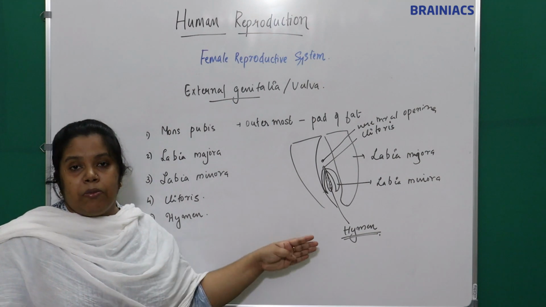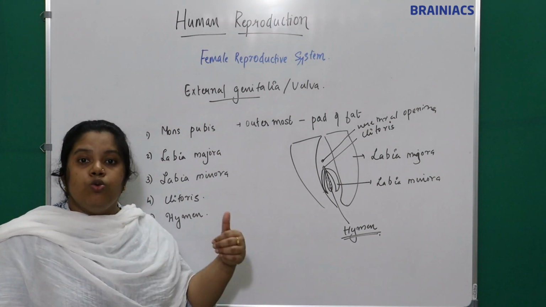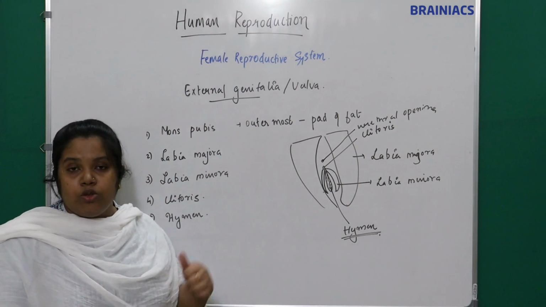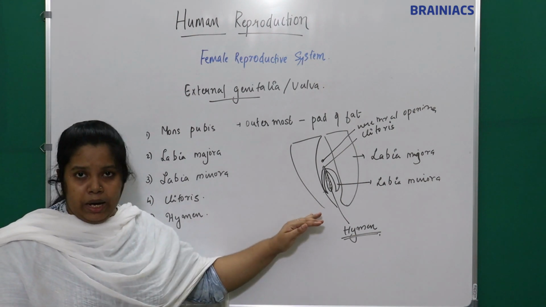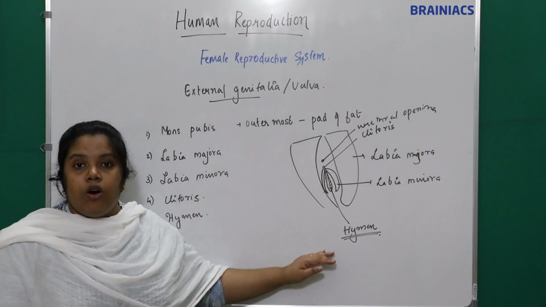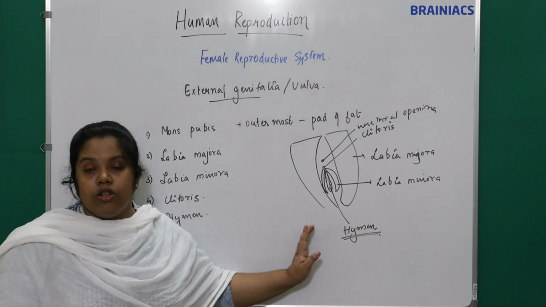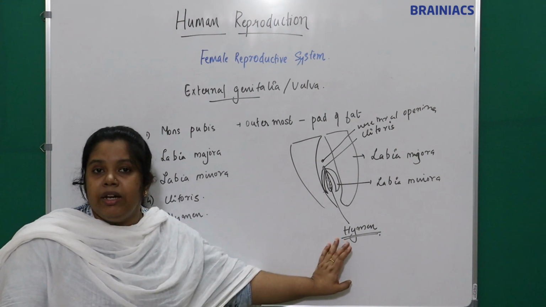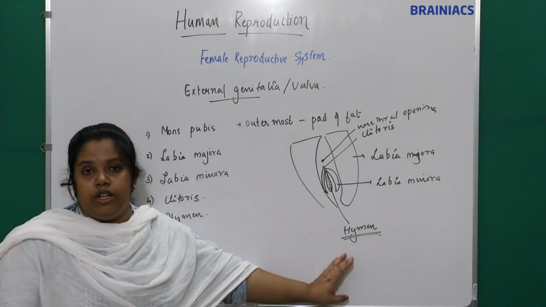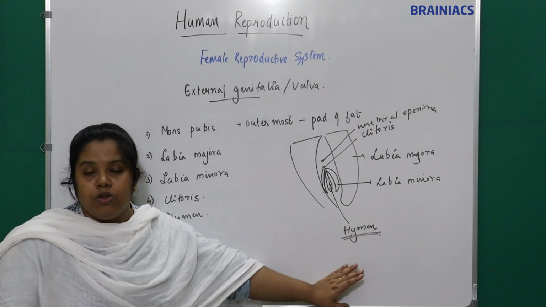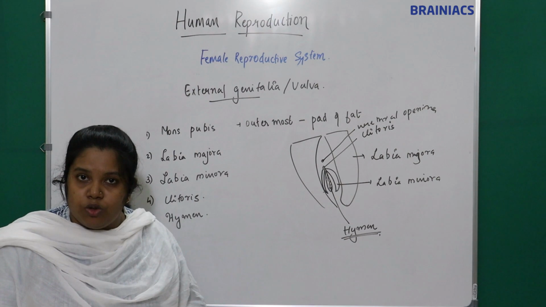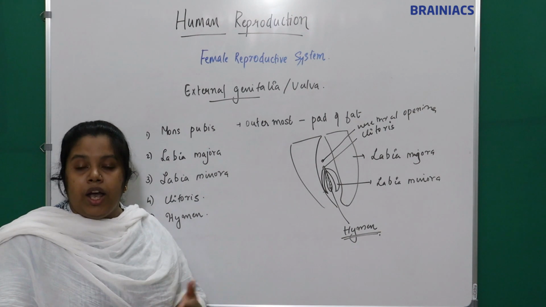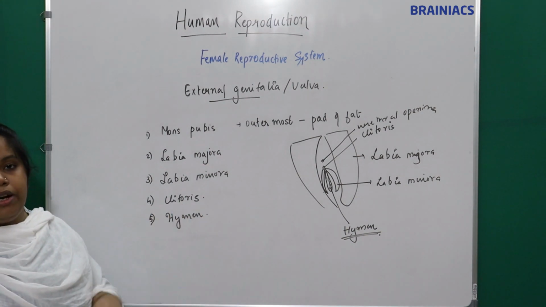Usage of vaginal tampons can also cause breakage of the hymen. So a break in the hymen is not a reliable indication that first sexual intercourse has occurred. Very important point.